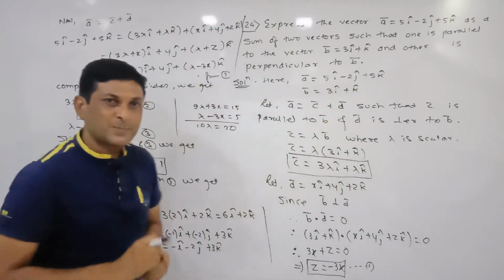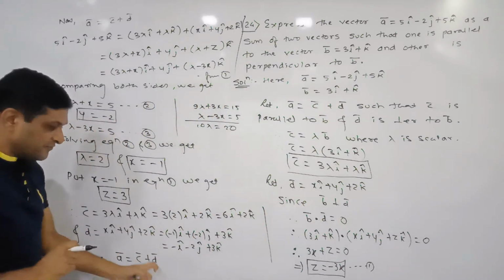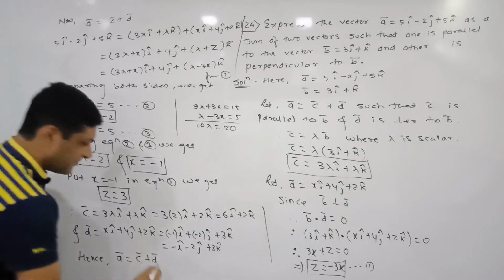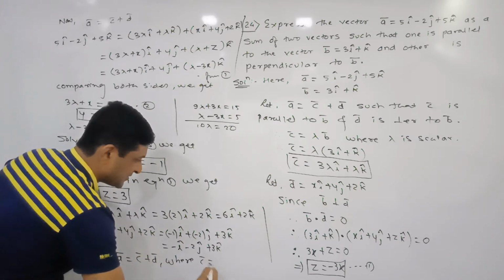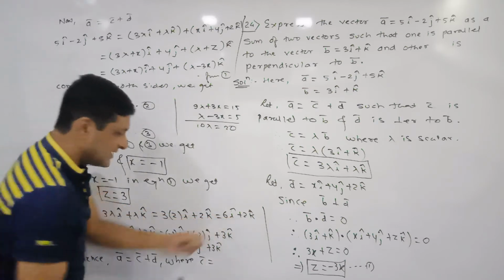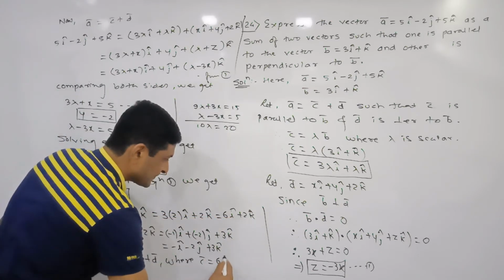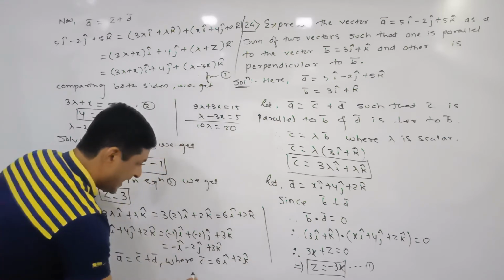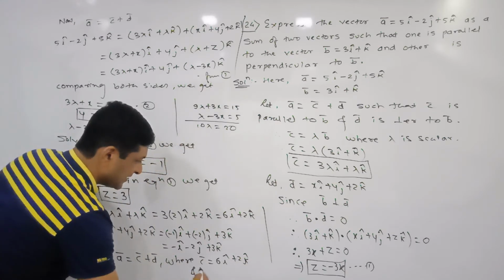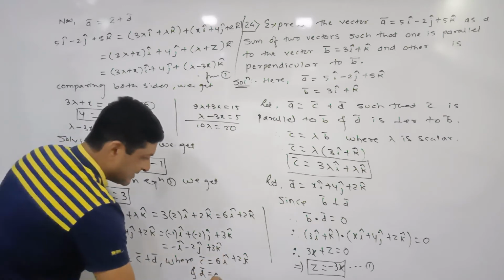So we have expressed A bar as a sum of two vectors C bar and D bar, where C bar is equal to, and here we have got the value of this vector also. What is the value of C bar? 6 i cap plus 2 k cap, and D bar will be equal to, and what is the value of D bar?